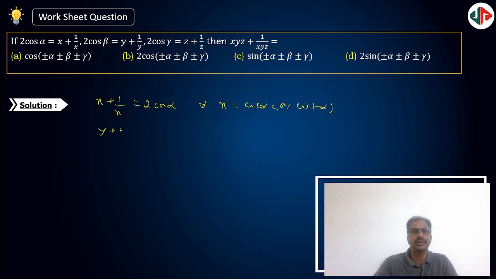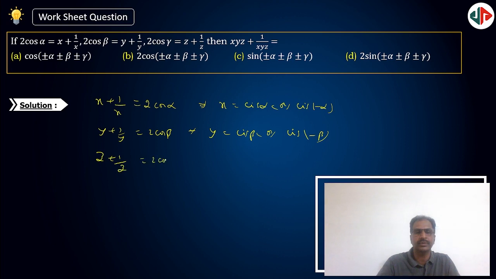Then y plus 1 by y is equal to 2 cos beta means y can be either cis beta or cis of minus beta. Similarly, z plus 1 by z is equal to 2 cos gamma means z is equal to either cis gamma or cis of minus gamma.